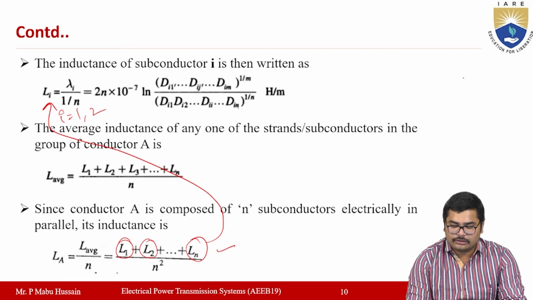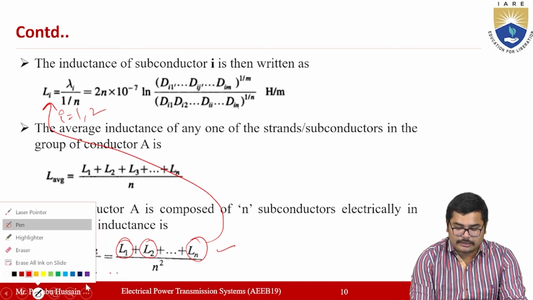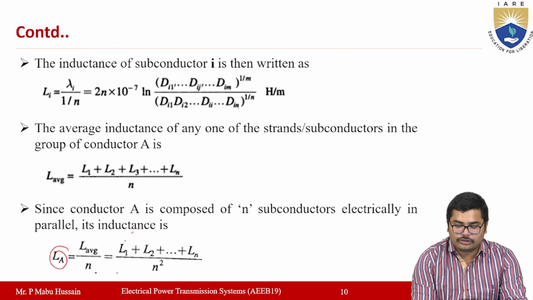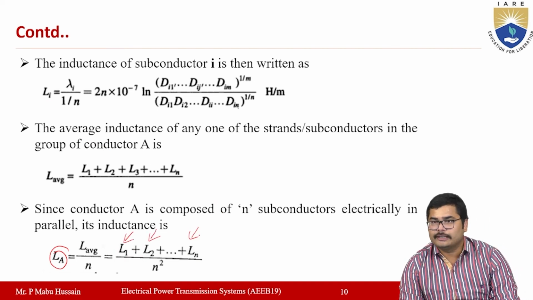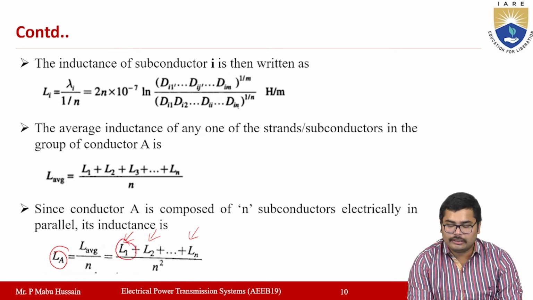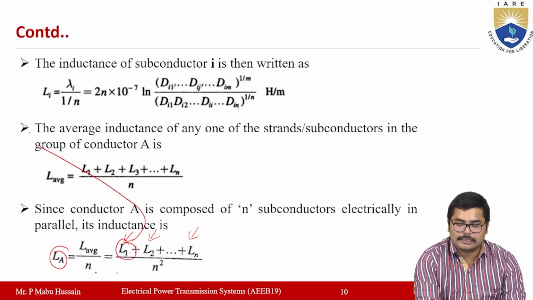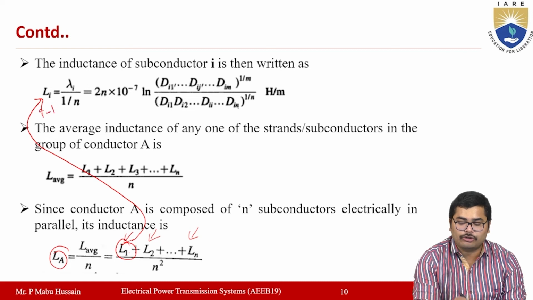So how do you get this equation? To get it, in the equation for LA you have to substitute all the inductance values L1, L2, L3 up to Ln. How will you get the value of L1? You simply get it from this equation by substituting I equal to 1.